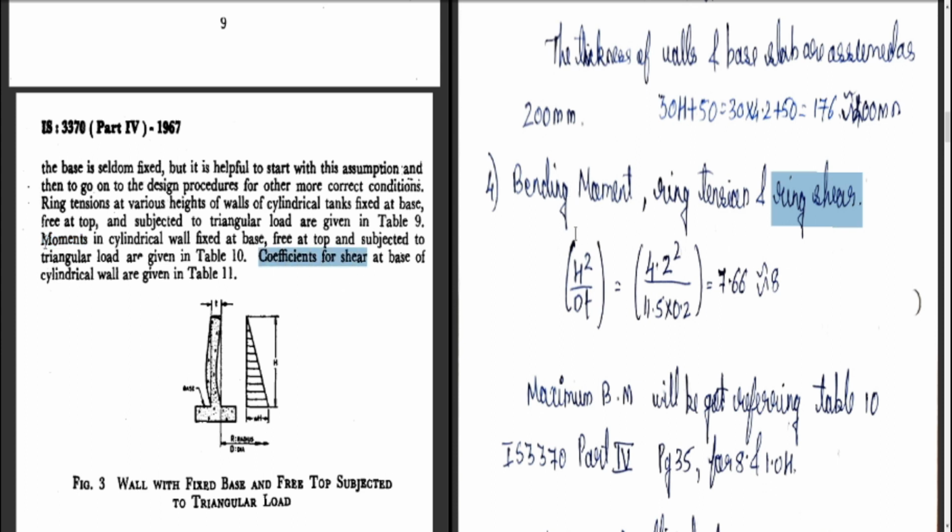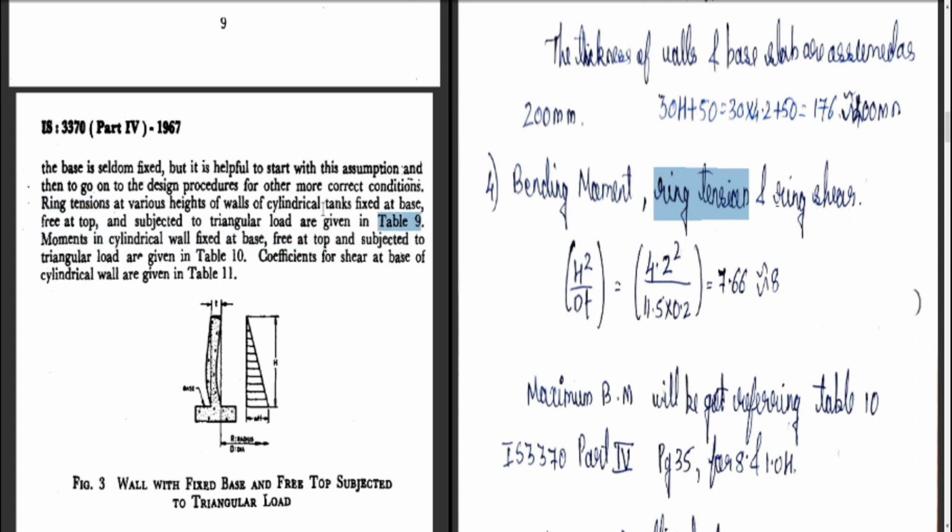So the bending moment, the first point here, will be computed according to the table number 10 for this condition, which is circular water tank with fixed base, free top and subjected to triangular load. Then second, ring tension. So the ring tension is calculated according to the table number 9, remember.